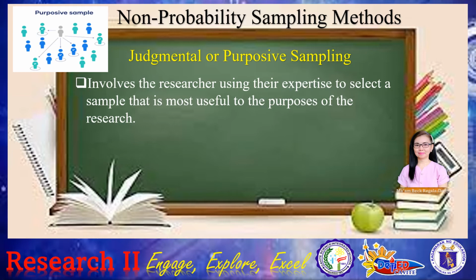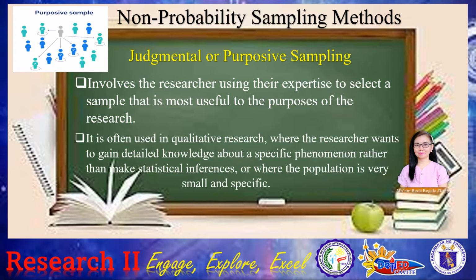So, ibig sabihin yung talagang kailangan at makakatulong na sample dun sa purpose ng research. It is often used in qualitative research, where the researcher wants to gain detailed knowledge about a specific phenomenon rather than make statistical inferences, or where the population is very small and specific.